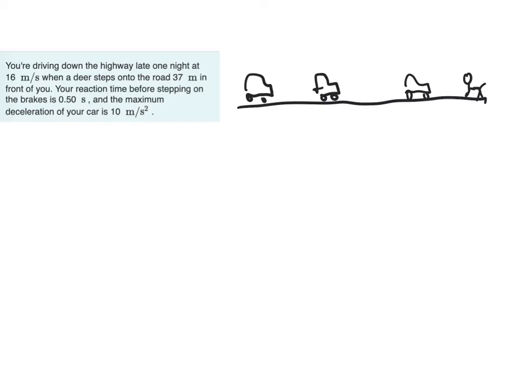Let's say you have some initial speed, I'm going to call it vi, and you still have that speed vi here, but over here you're at rest. You start at some position, we'll say x equals 0, and then I'll have position x1, and this is position x2, and the deer is at position x sub d for deer.